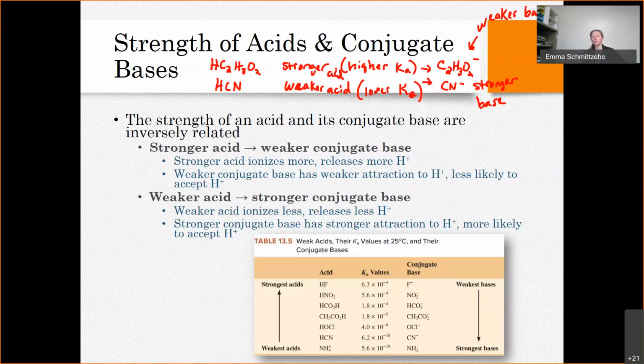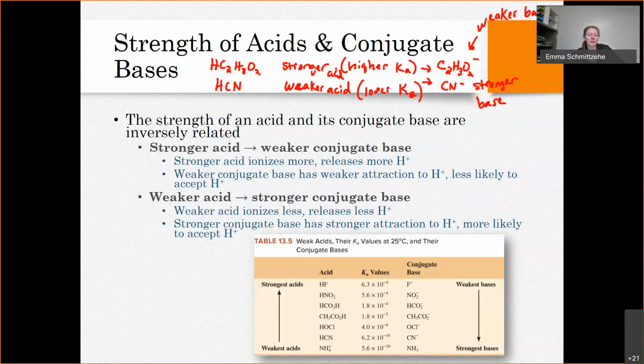Okay, so it's important to realize the same would happen if you have a set of bases. Okay, so if we have two different weak bases and you determine one of them is stronger than the other, then its conjugate acid is going to be weaker. Okay, so the relationship of the conjugates is always reversed.